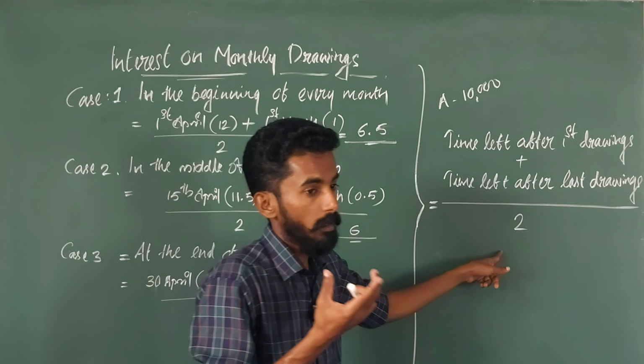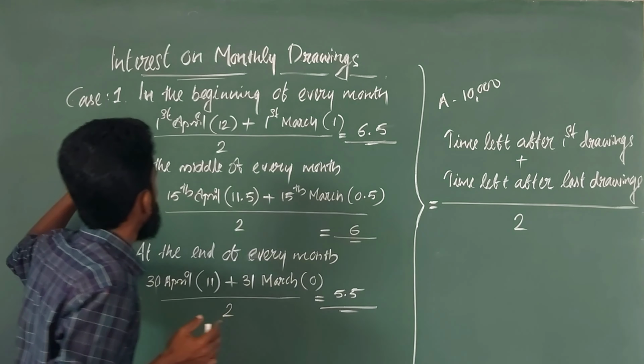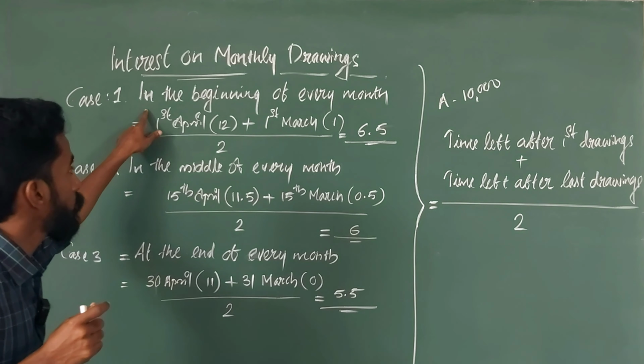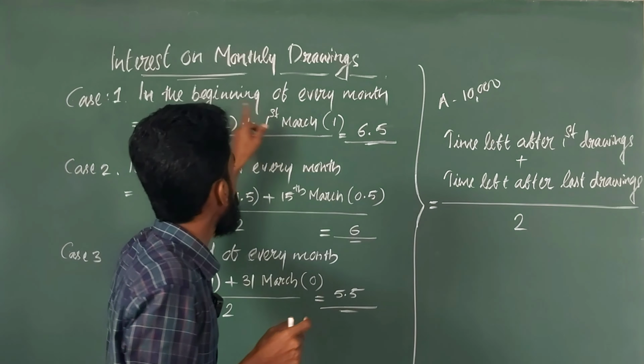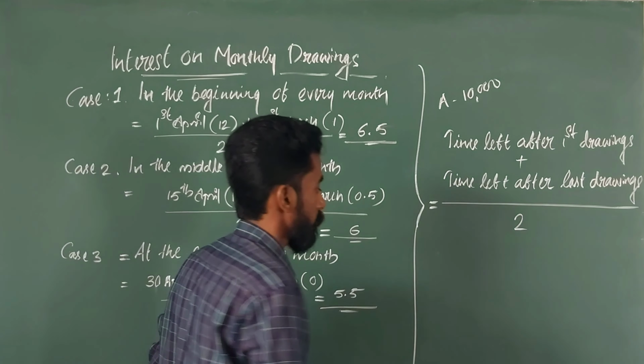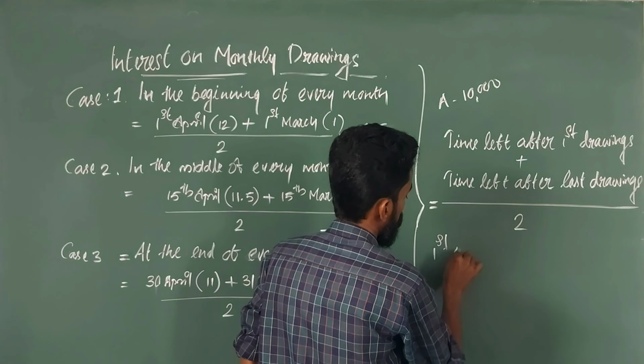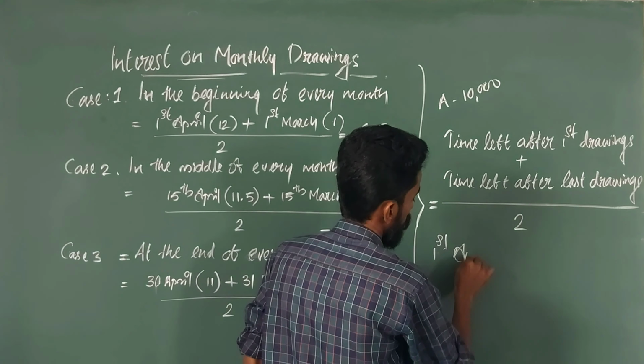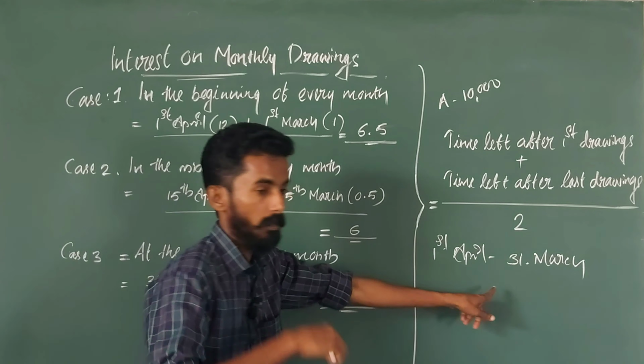Is it clear? See here, if a partner is going to withdraw a fixed amount in the beginning of every month, what is our financial year? 1st April to 31st March. Is it clear? Yes.